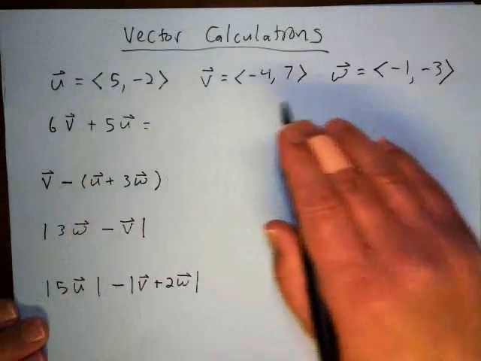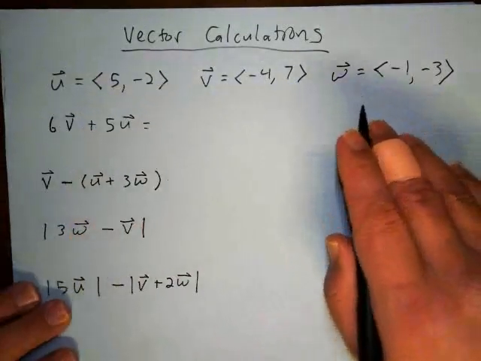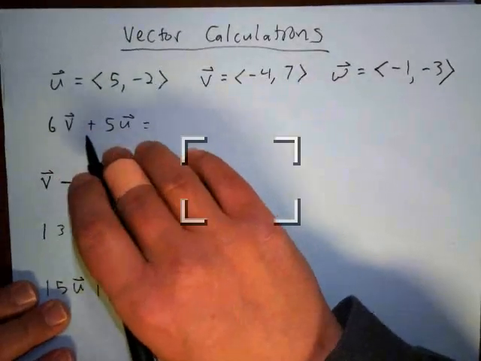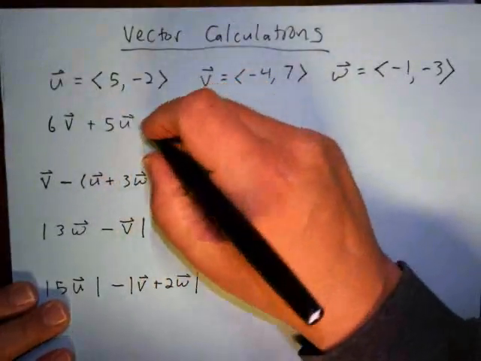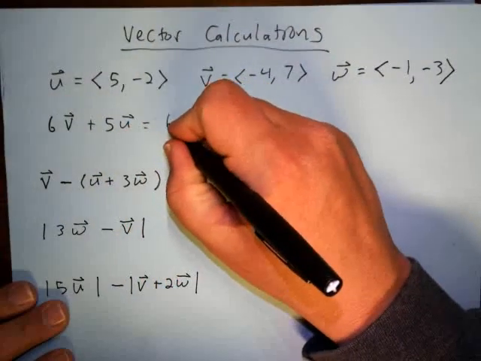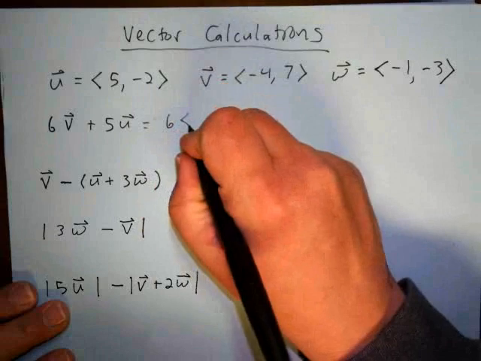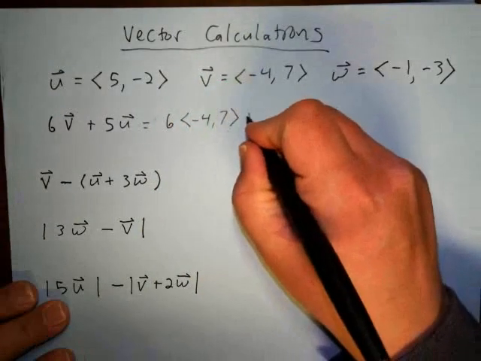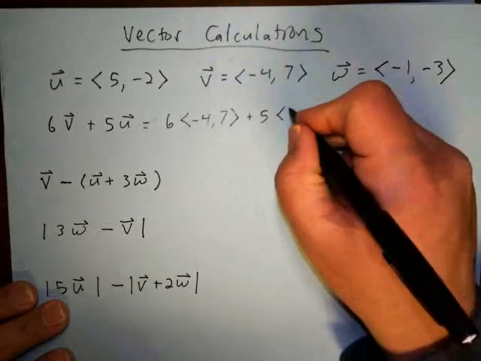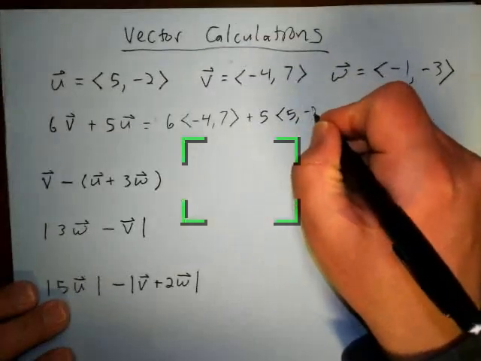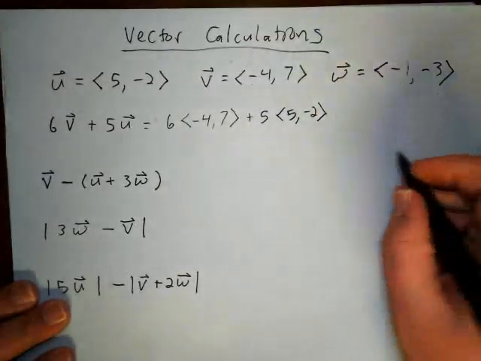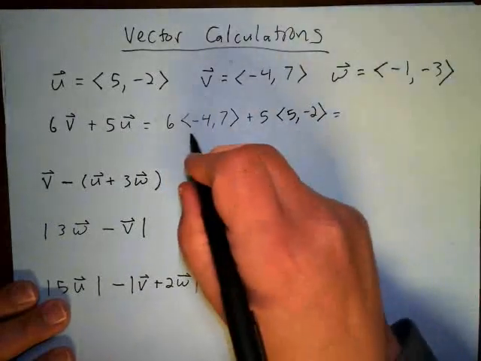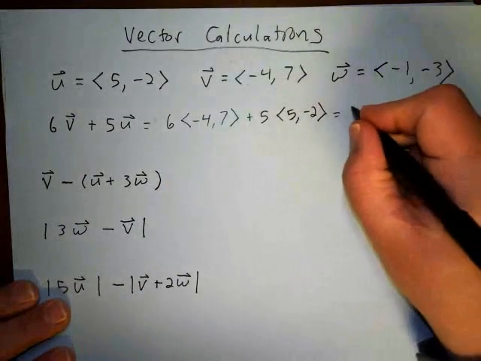So we got u, v, and w, and this is 6v plus 5u. The 6 and the 5 are scalars, so I would get 6 times v, which is (-4, 7), plus 5 times u, which is (5, -2). Now I'm going to multiply through by the scalar.